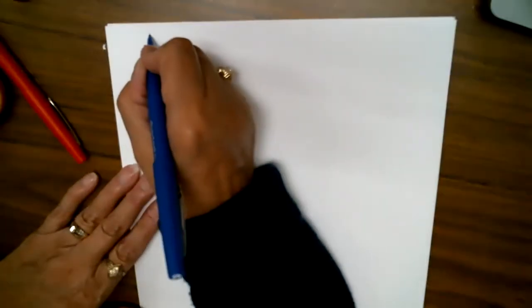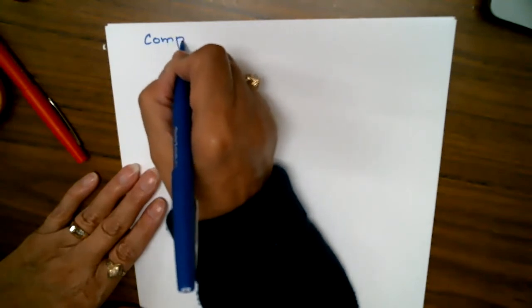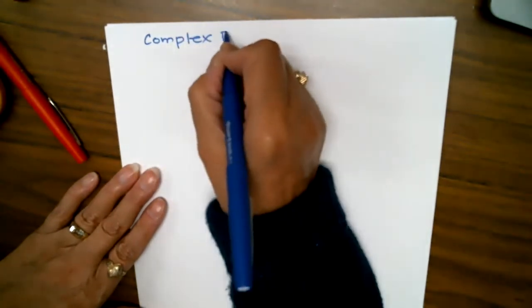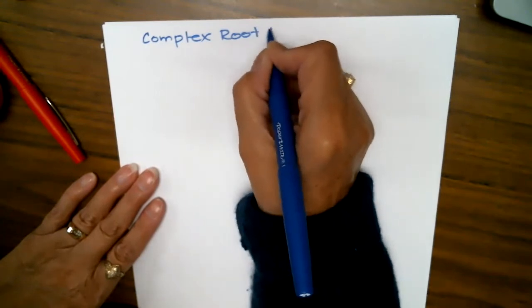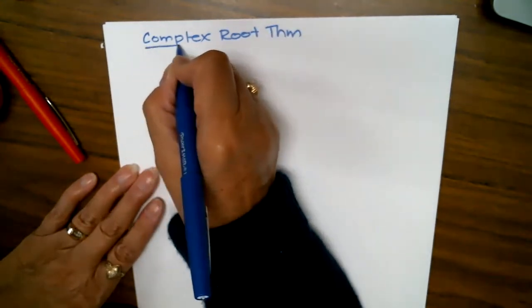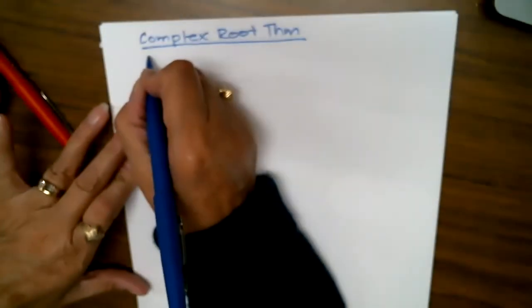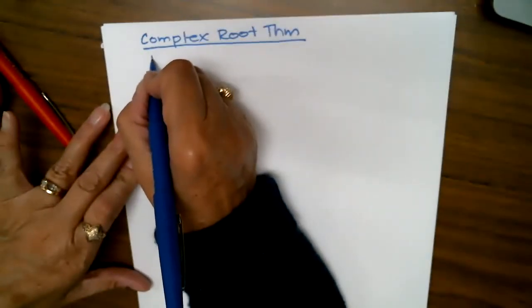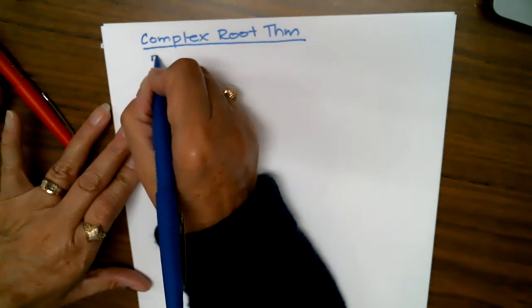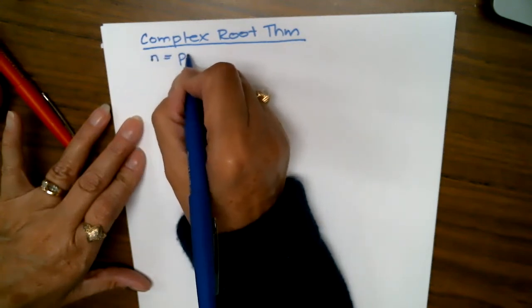Okay, let's take a look at the complex root theorem. Okay, so now we're finding roots instead of raising it to a power. So just real quick, n in this theorem is going to be a positive integer.